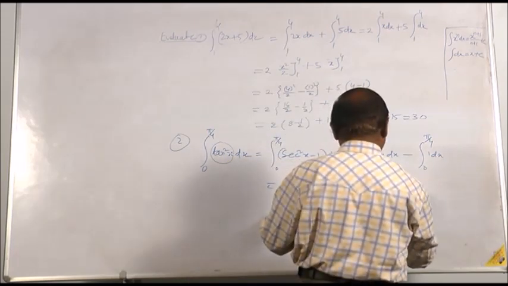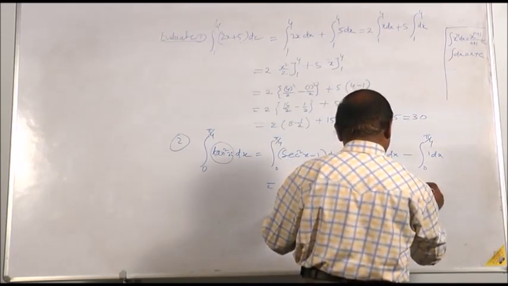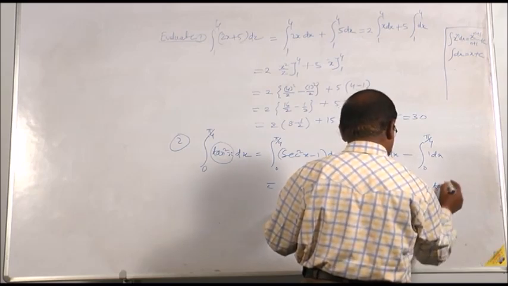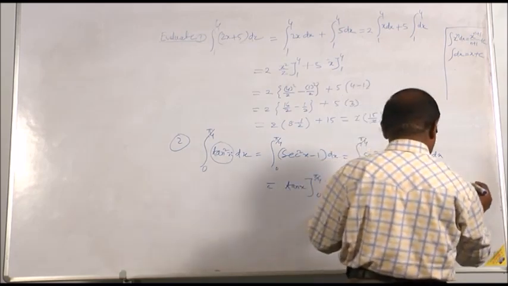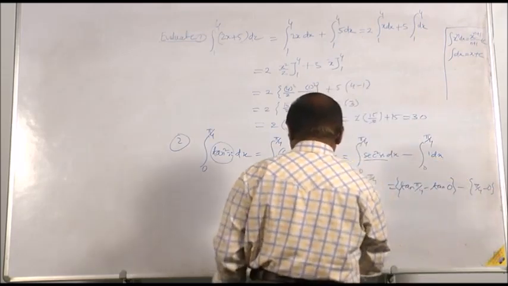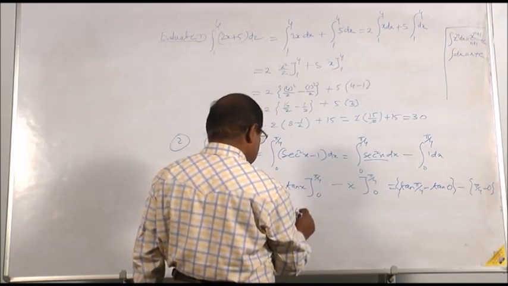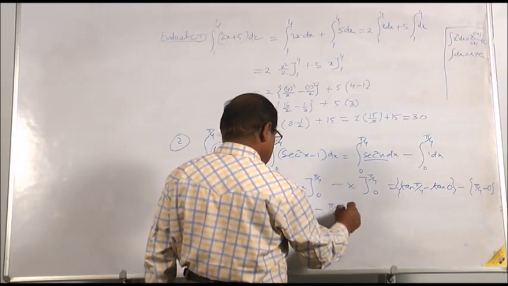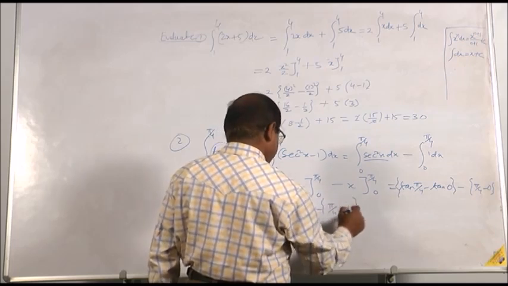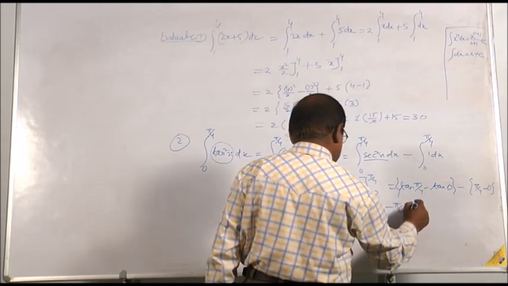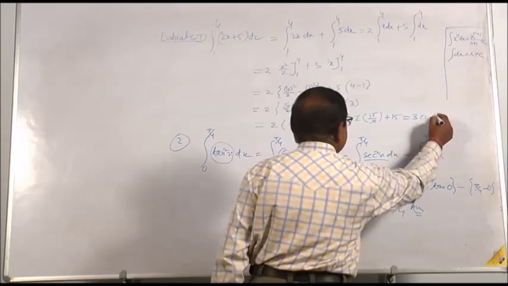So this becomes tan(pi/4) minus tan 0, minus (pi/4 minus 0). We know tan(pi/4) is 1 and tan 0 is 0, so you get 1 minus pi by 4 as the answer.